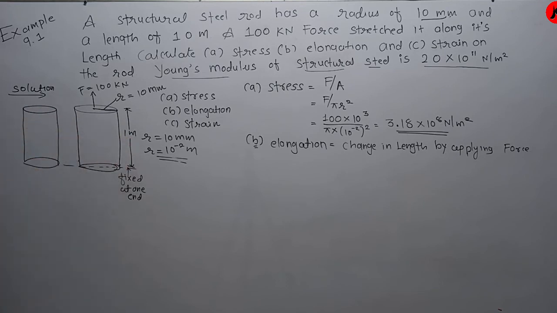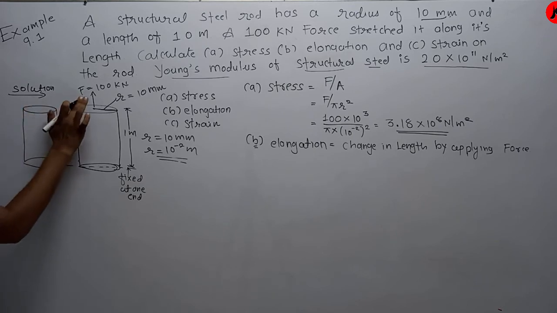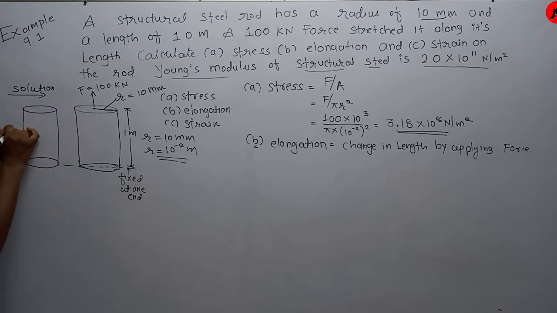I am just giving you a rough idea: it may be possible that after applying this stretching force the new length of the cylinder will be like 1.1 or so, which depends on the value of force, right?